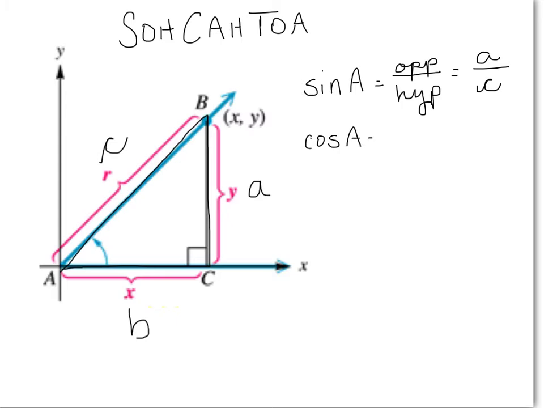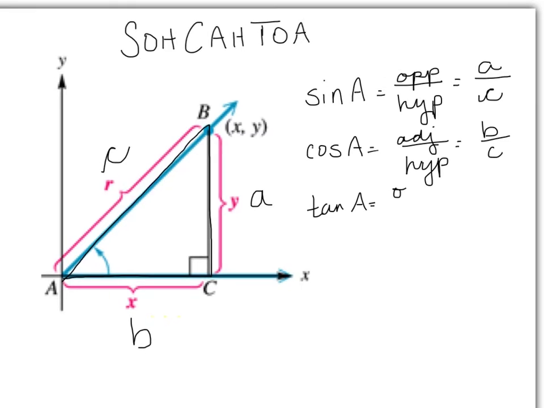The cosine of angle A is the side adjacent to A divided by the hypotenuse. So cosine would be B over C. And if I did the tangent of A, we would take the side opposite of A divided by the side adjacent to A.